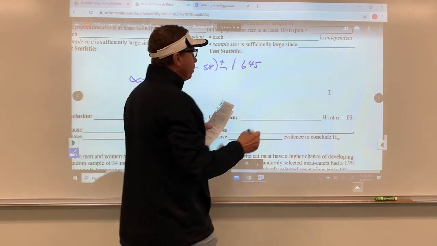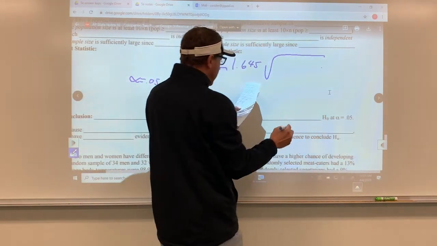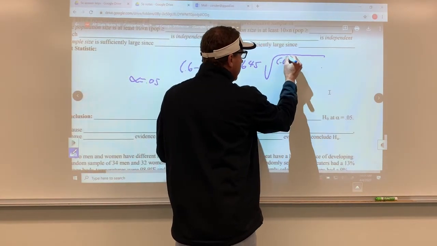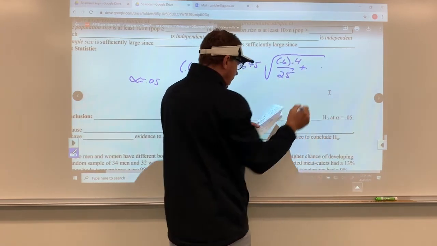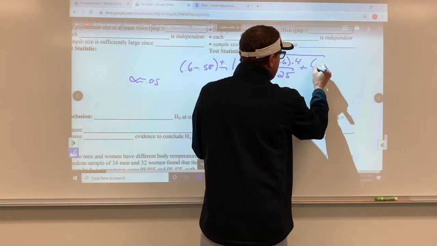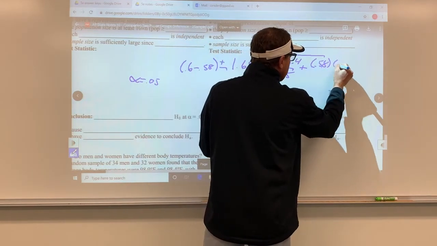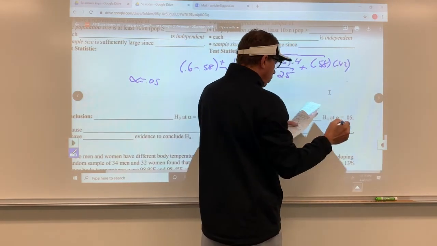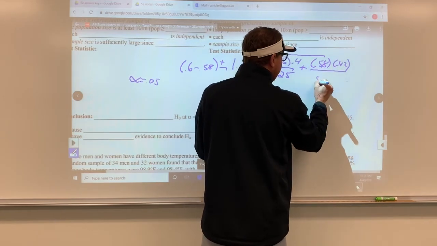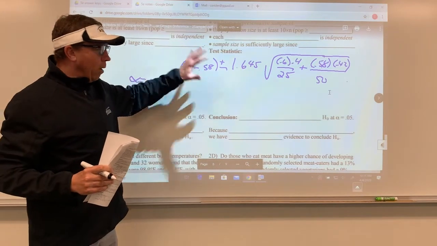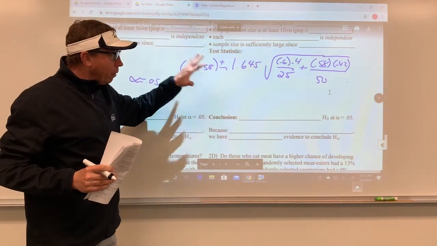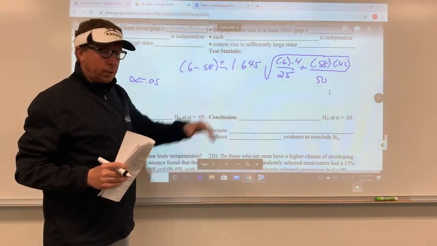And then I'm going to multiply that out with this standard deviation, which is 0.6 times 0.4 over 25 plus 0.58 times 0.42 over 50, okay? And once you have that, you're going to write that down, but you're going to let the calculator do the calculations, okay?